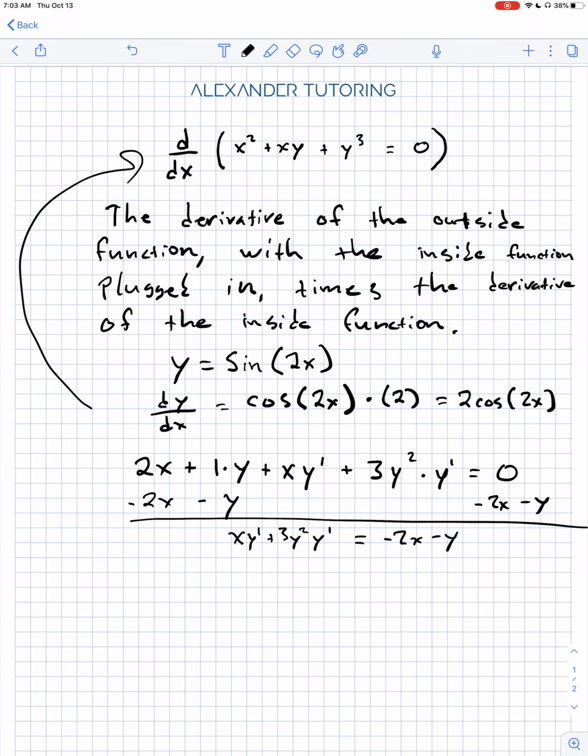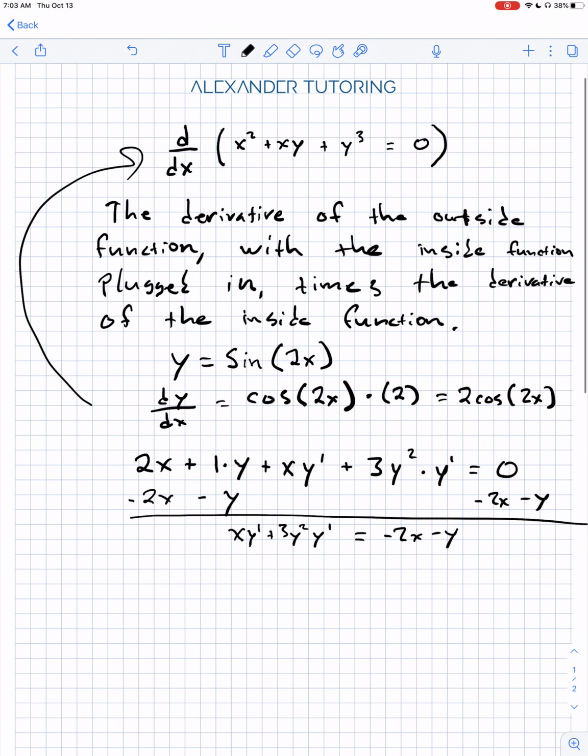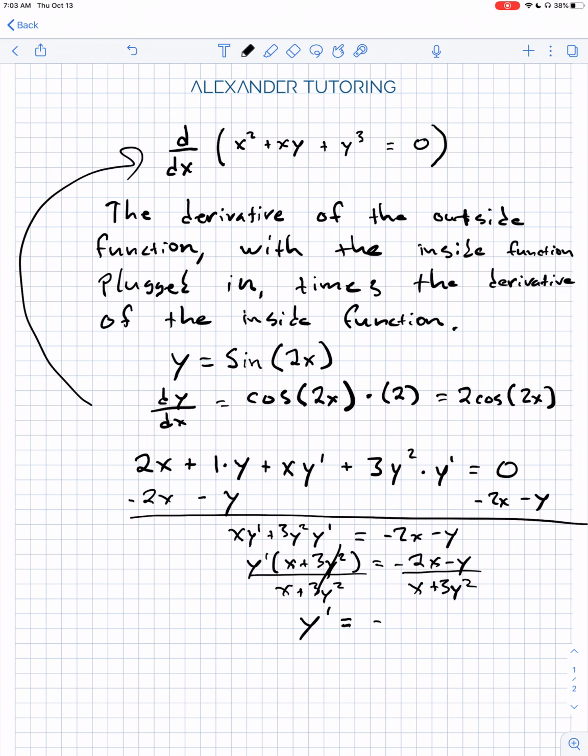Now we have two terms with a y prime in them. How do we get to it? We factor it out. Then we can simply divide both sides by x plus 3y squared to get y prime. Boom. And guess what? We just solved for the derivative of y.